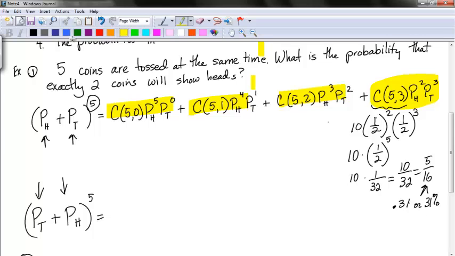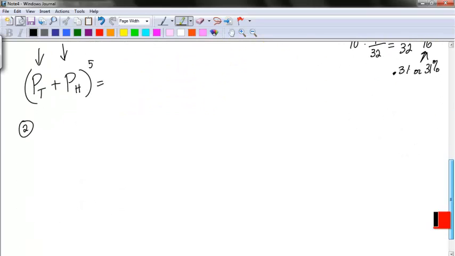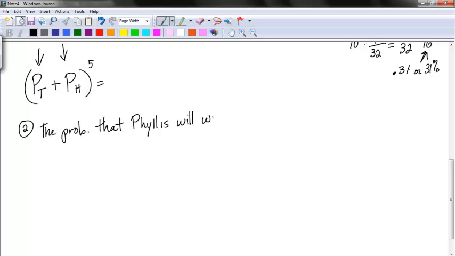Okay? Okay, let's look at another example real quick. On this one, the probability that Phyllis will win whenever she plays bridge.